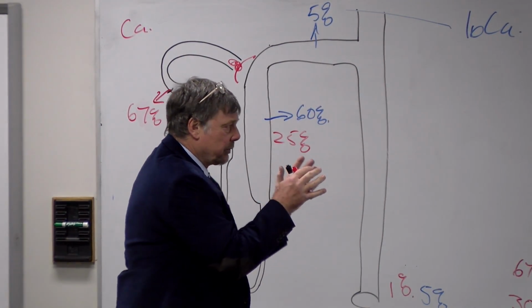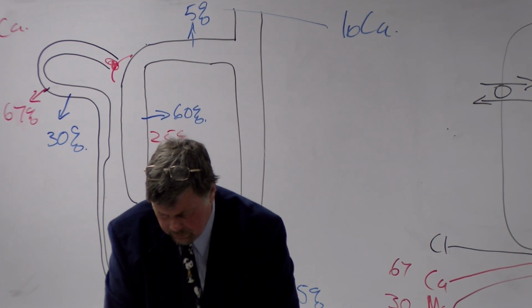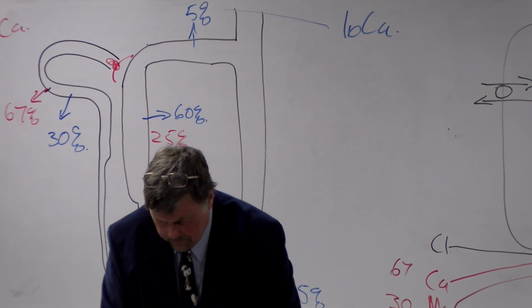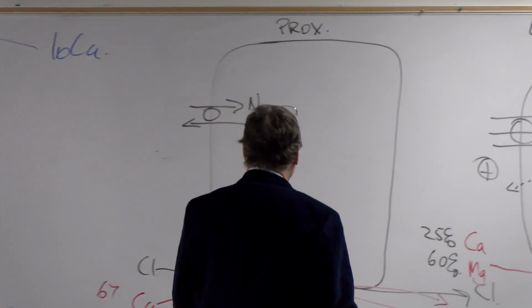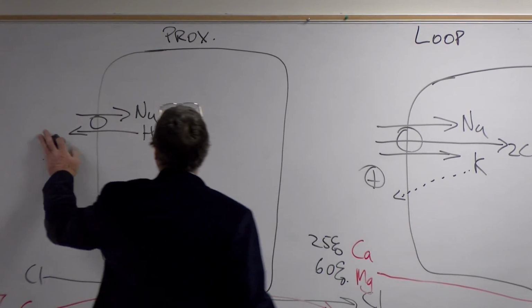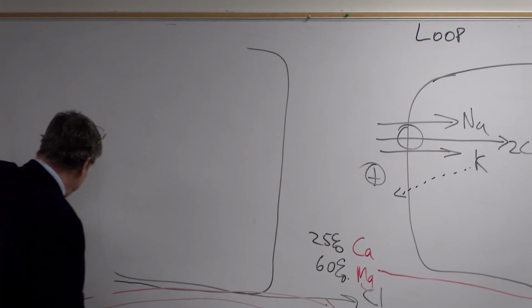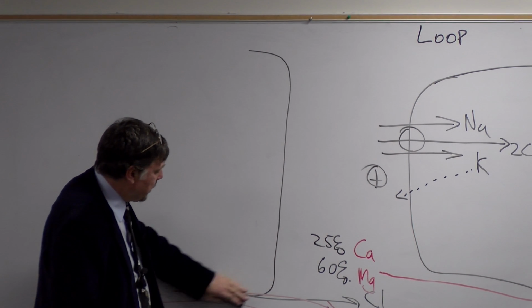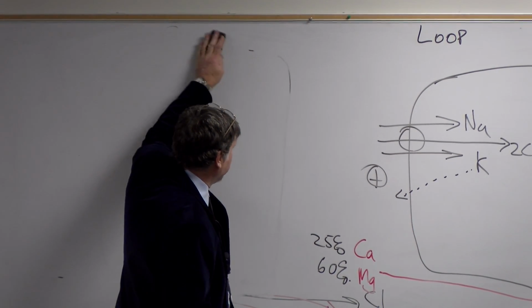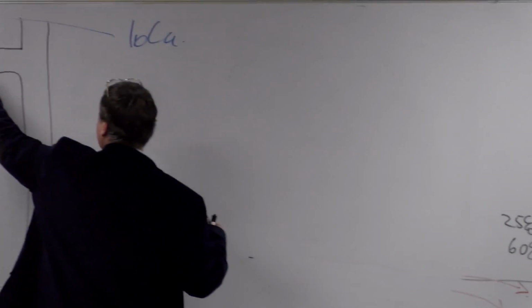Okay, everybody good with those diagrams? Because I'm going to do one last diagram, on the next page. So there's not much calcium or magnesium reabsorbed in the distal nephron.